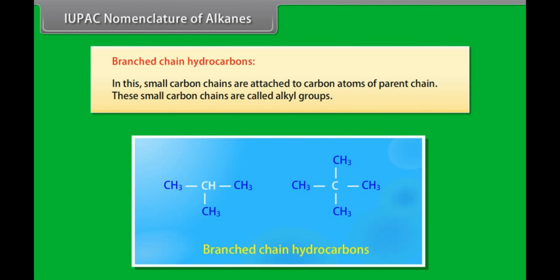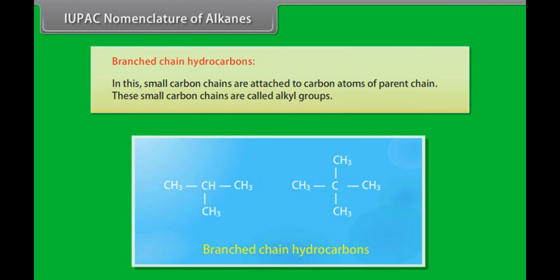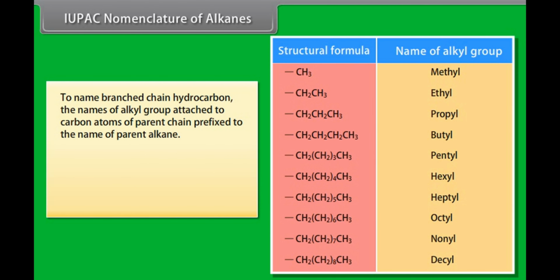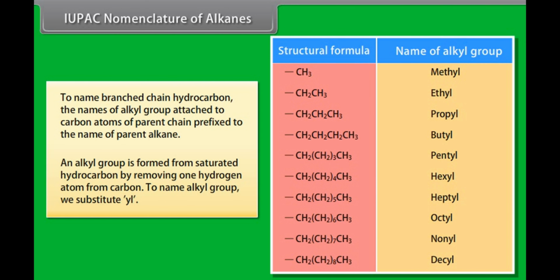These small carbon chains are called alkyl groups. To name a branched chain hydrocarbon, the names of alkyl groups attached to carbon atoms of the parent chain are prefixed to the name of the parent alkane. An alkyl group is formed from a saturated hydrocarbon by removing one hydrogen atom from carbon.